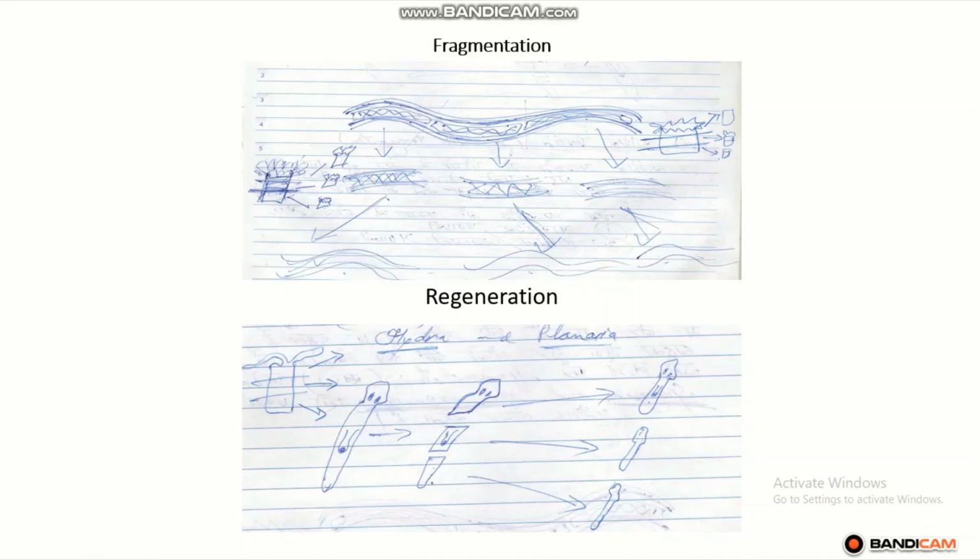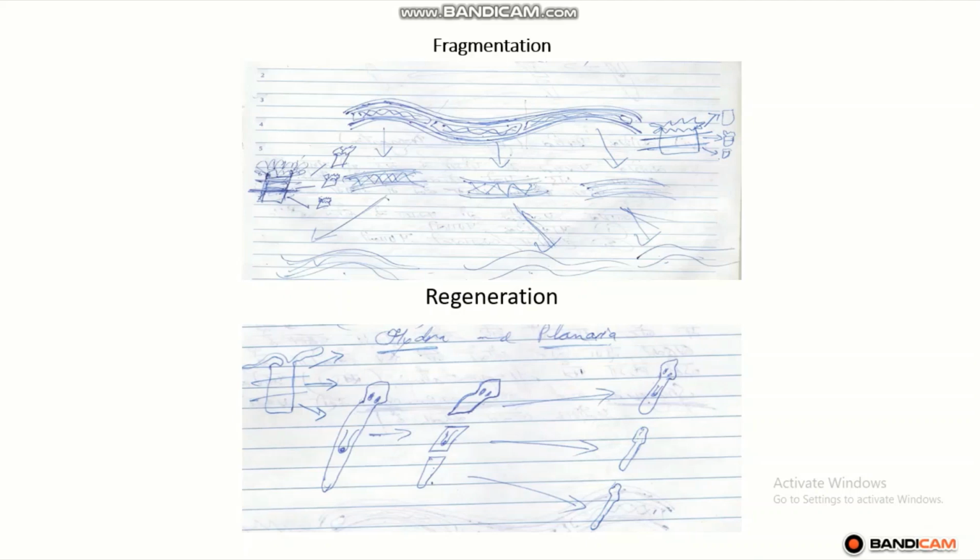Just see what fragmentation is. Fragment means division. Whenever some kind of organism divides its body or splits its body parts into two or more, that is known as fragmentation.